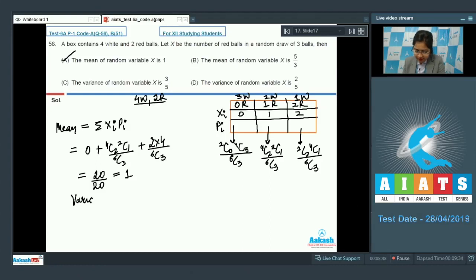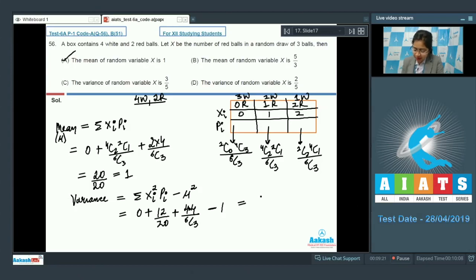Also we have to find the variance, that will be equal to summation xi square into pi minus mu square, where mu is the mean. So this will be equal to 0 plus 1 into 4C2 into 2C1, that is 12 upon 20, plus 4 times 4 upon 6C3, minus mu square, that is 1.